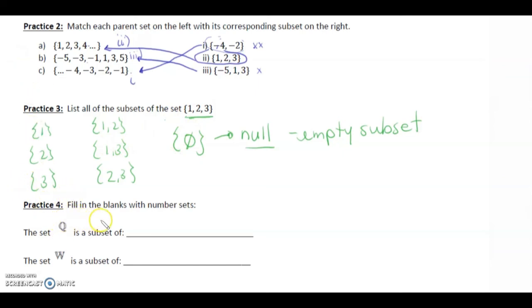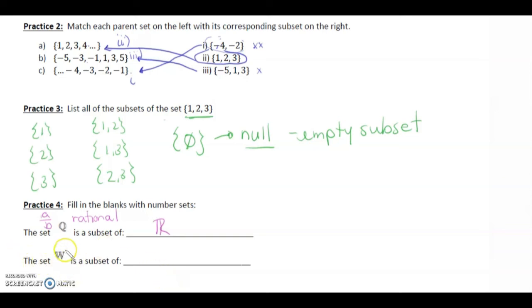Now, practice 4. Fill in the blanks with number sets. Okay, the set Q, so if we go back to our number sets, what number set is Q? This is the rational, and this means that it's like A over B, right? This is only a subset of the real number system.